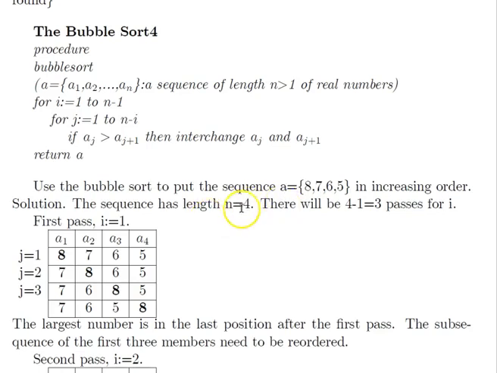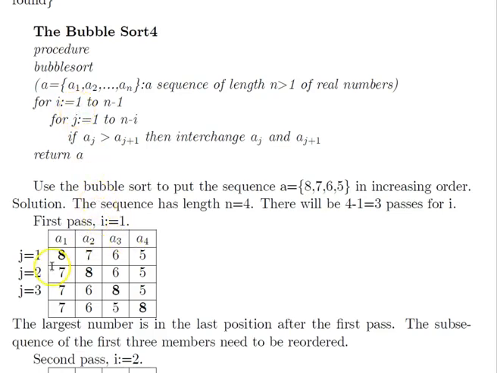The length of the sequence is 4 because we have 4 numbers in the sequence. And the outer loop will be executed for 4 minus 1, 3 times. So we have 3 passes for i.